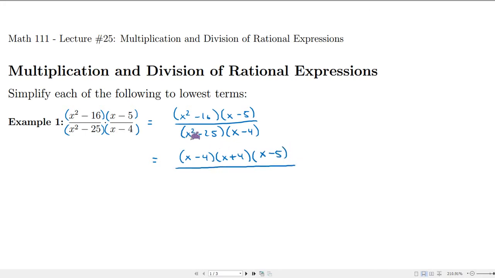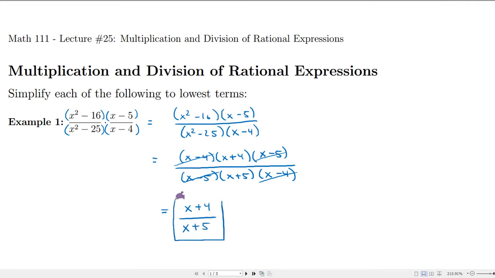And then we also have x squared minus 25, which is x minus 5 times x plus 5, difference of squares there, and the x minus 4. Now this is fully factored, and we get some reduction. The x minus 4 is reduced, and the x minus 5 is reduced, and the x plus 4 is there, and the x plus 5 is there. No more reduction is taking place, and so this is our solution.